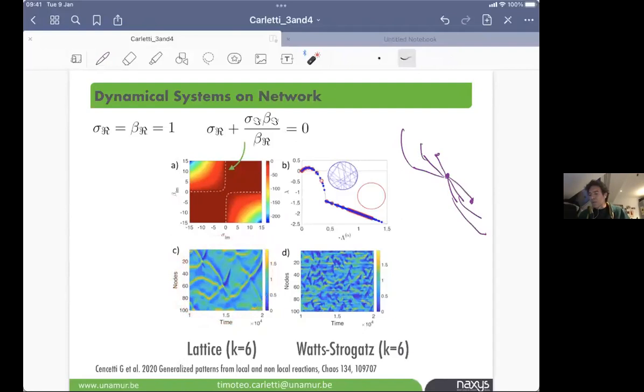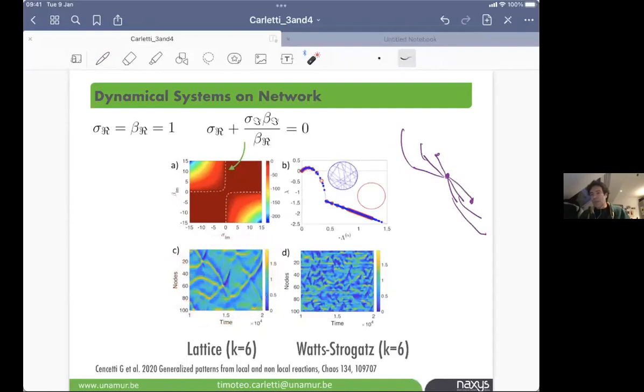You have waves that are spread around the network. Here, I only order the nodes from, say, 1 up to 100, but there is no reason that the 101 is with the 101. You can reshuffle them. But what is important here is that you indeed have this patchy solution.